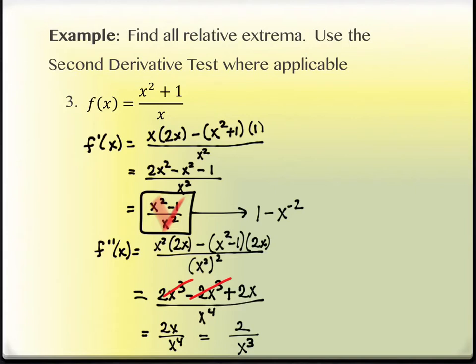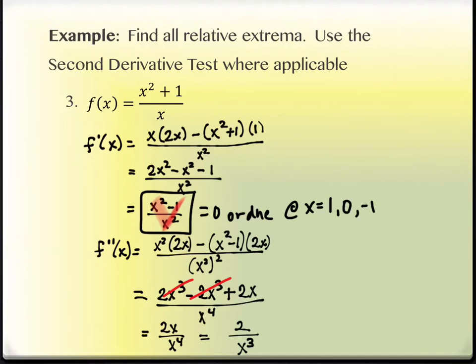So when does this piece equal 0 or not exist? If I set my numerator equal to 0, I get x equals 1 and -1. And if my denominator is equal to 0, x is equal to 0.